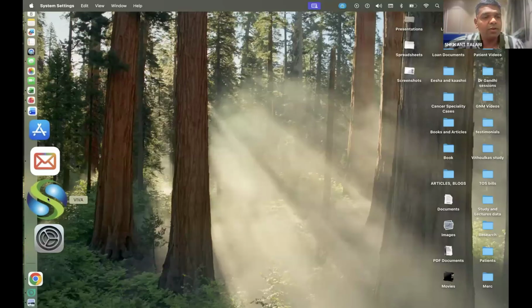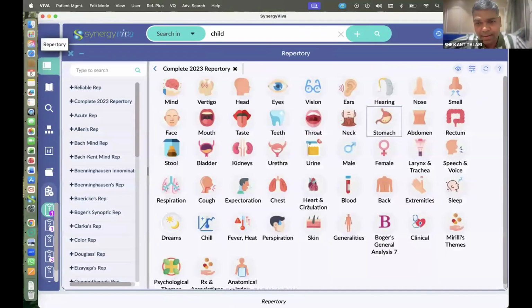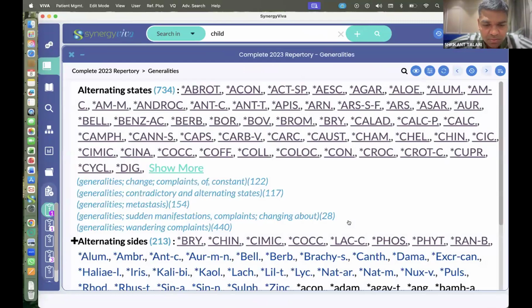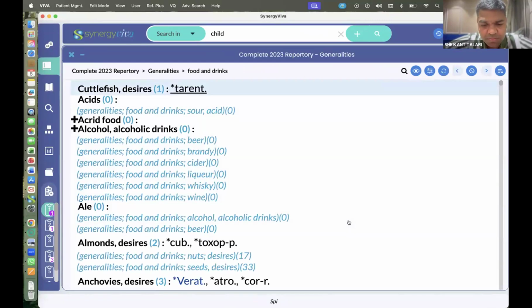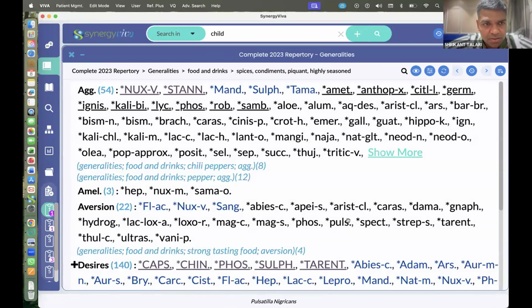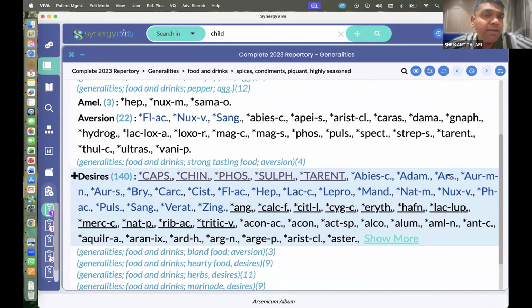So let me share screen and look at the repertory. If we look at this rubric, food, spice, desire, you see, there also Arsenicum was there.